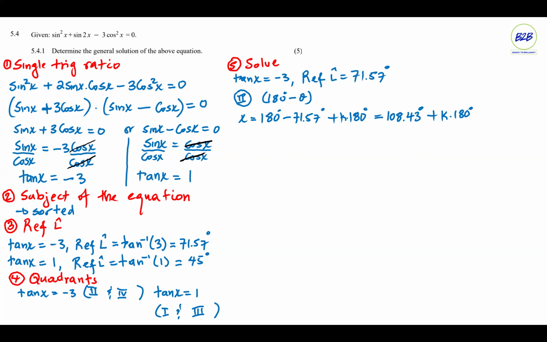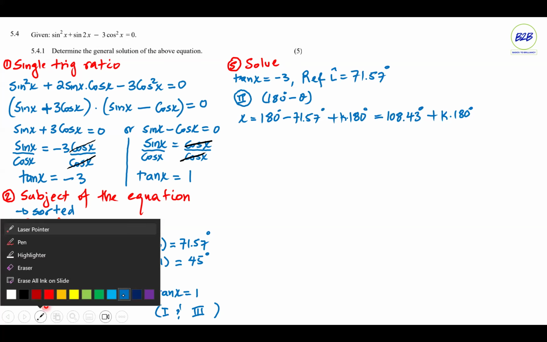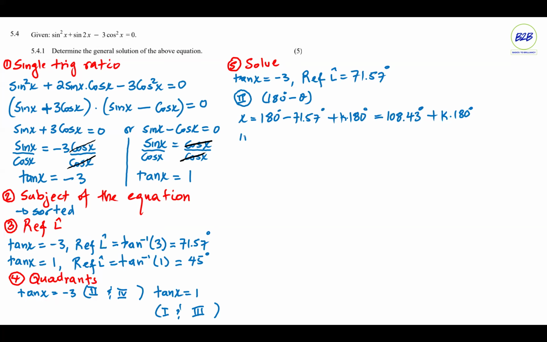And that is the second quadrant. And then we go to our fourth quadrant. Why fourth quadrant? Remember, for specifically this equation, tan x equal to minus 3, we selected the second and the fourth quadrant. So now we have dealt with the second, therefore, we must then go and deal with the fourth quadrant. All right. Then going to the fourth quadrant, we must then remember the reduction formula that we have within the fourth quadrant, 360 degrees minus theta.